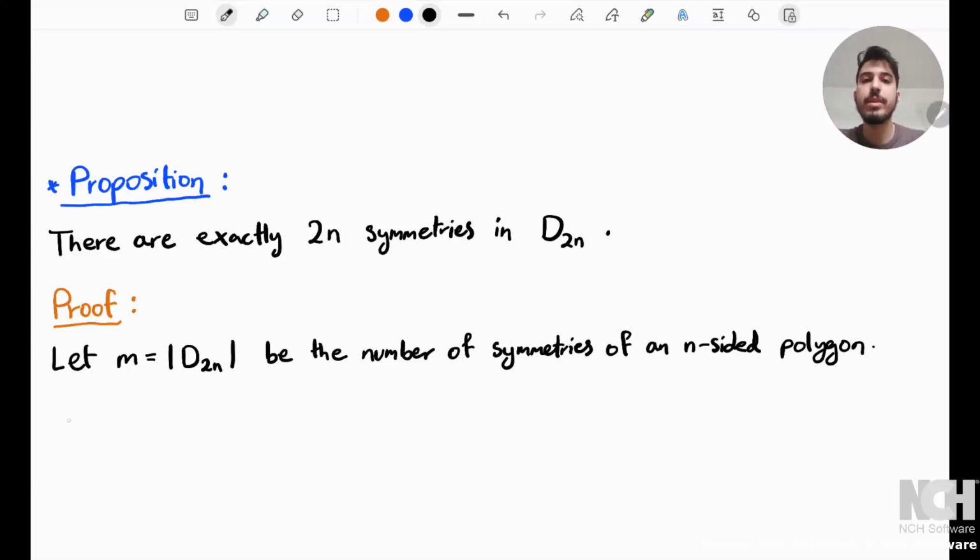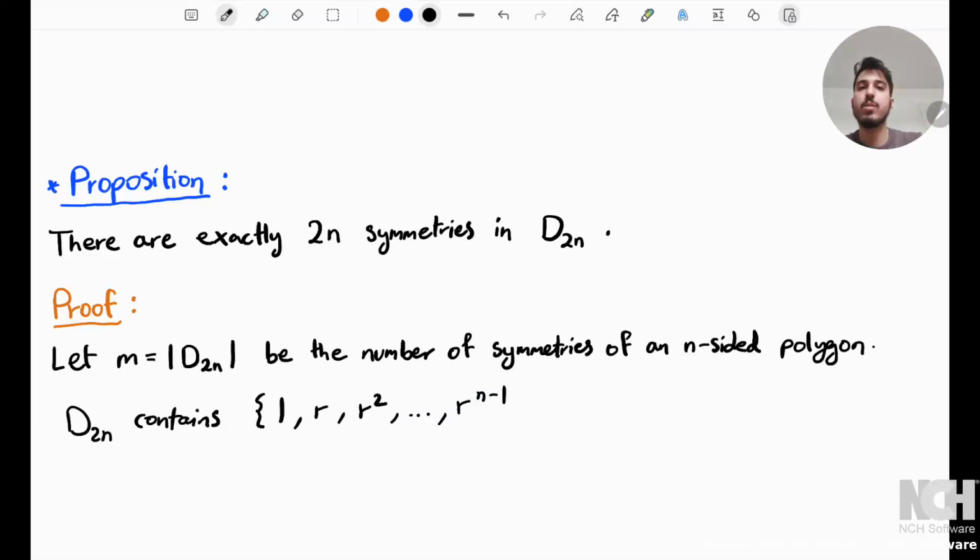So D2n contains at least this list: the identity symmetry, the rotation R, R squared, so rotation twice, R cubed, R to the 4, all the way to the rotation R to the n minus 1. Because a rotation n times would get me back to the same place, which would be exactly like doing nothing. So I will stop here and I will start a new set of symmetries.